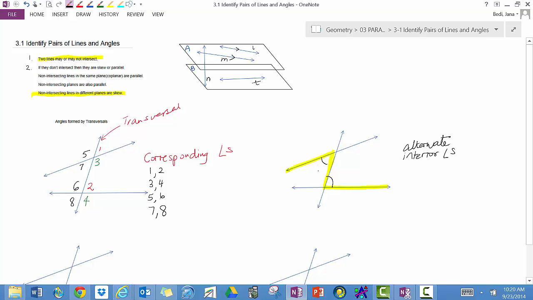So let's call this 9, 10. There is another pair of alternate interior angles. This is like a backward Z. And these are also alternate interior. So 9, 10, 11, 12 are alternate interior angles.